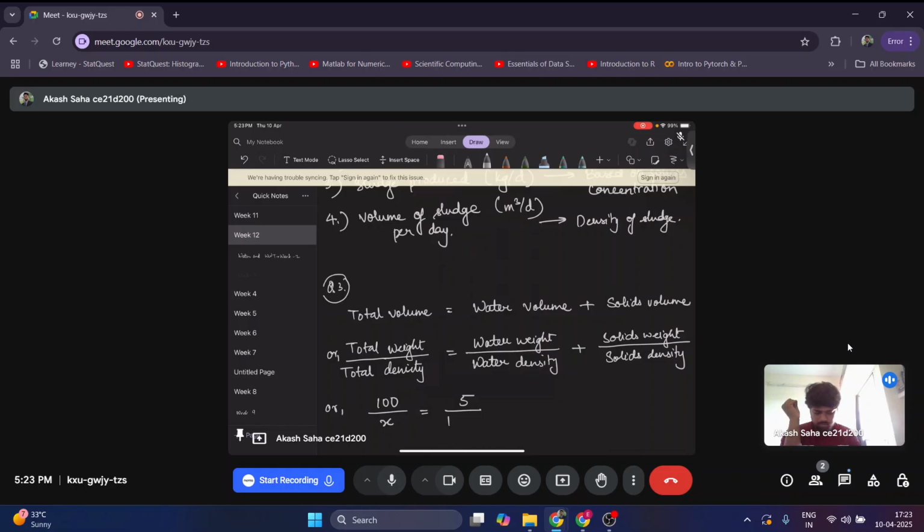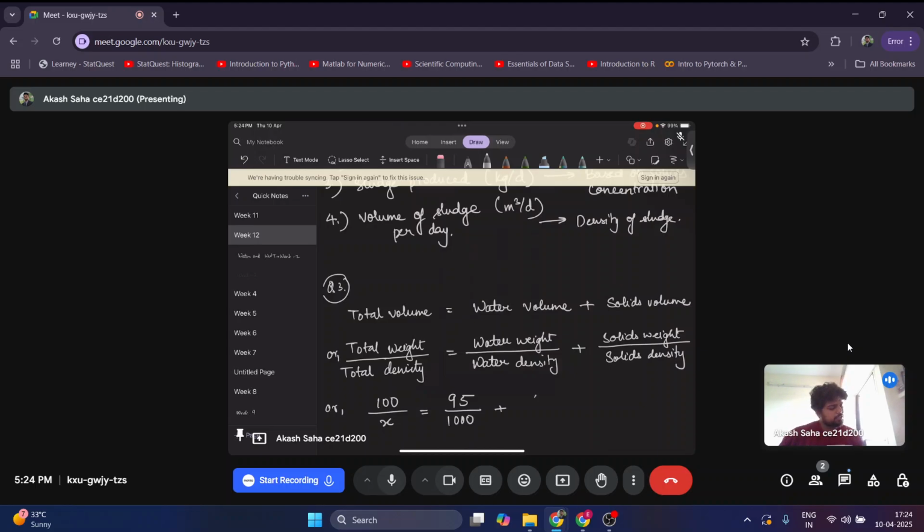Water density we know. Sorry, it says 5% is solids. So that means 95 kg will be water. Okay, so since 5% of solids are there, 95% will be water. So 95 kg will be water. So water density will be 1000.